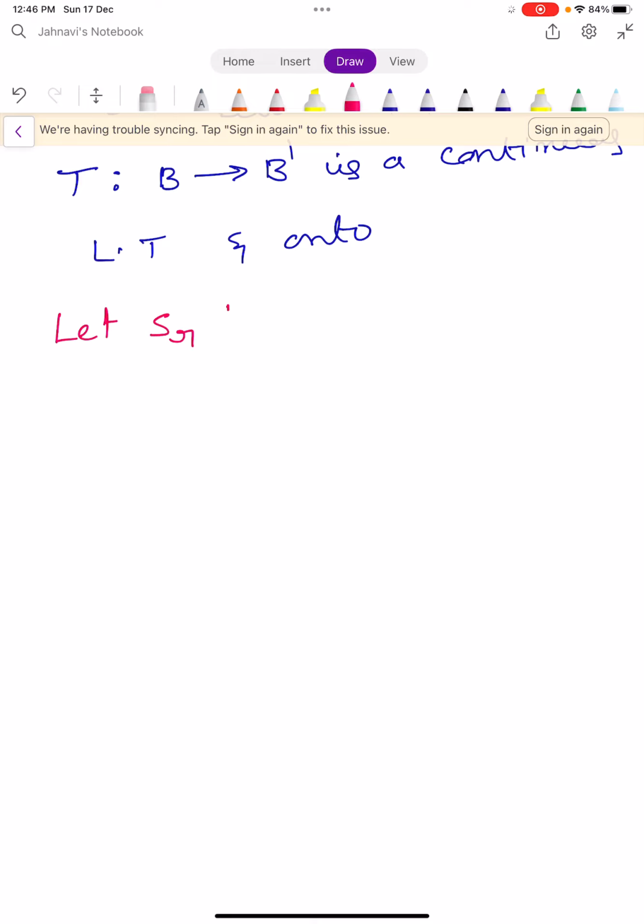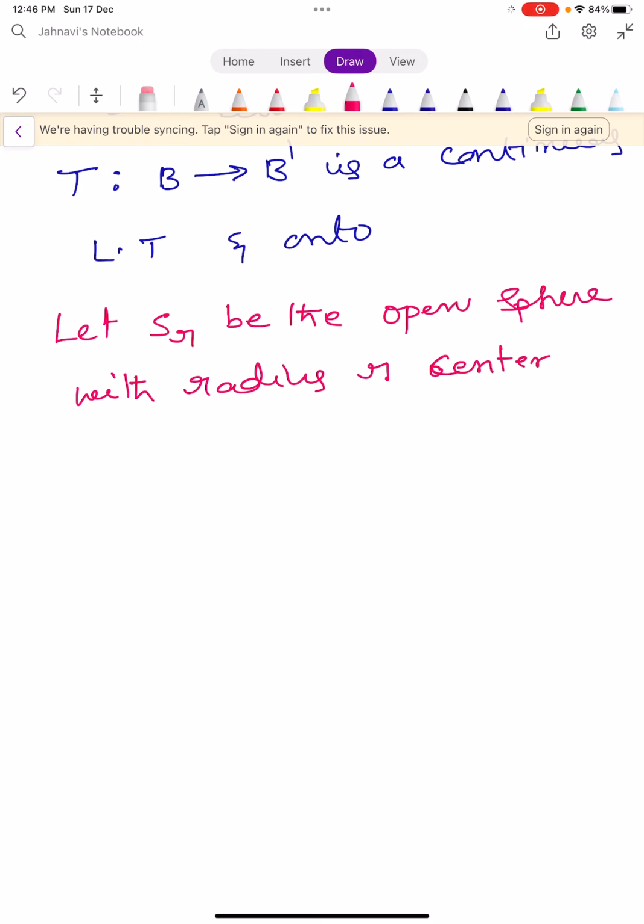Let SR be the open sphere with radius small r, centered at origin in capital B, and SR dash be another open sphere with radius small r, centered at origin in B dash, respectively.